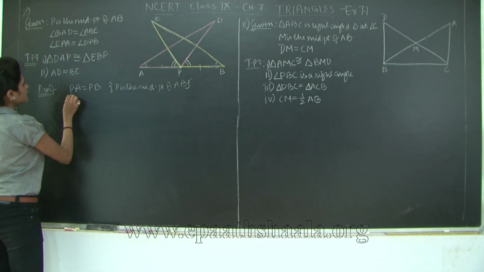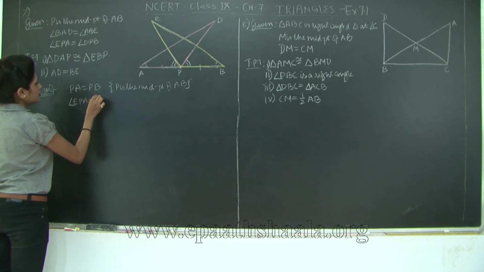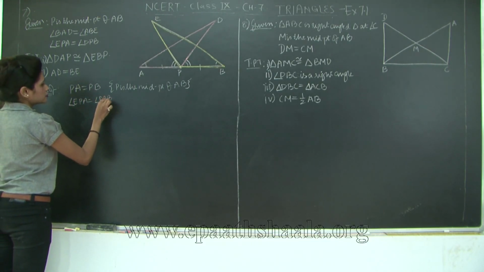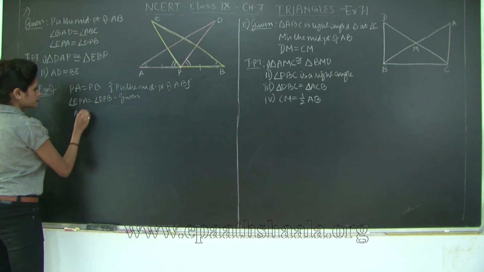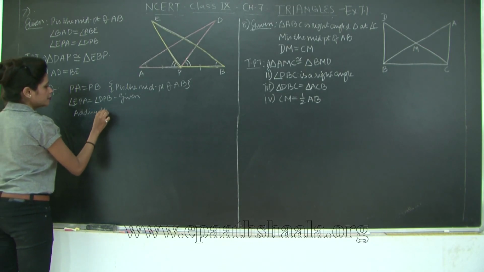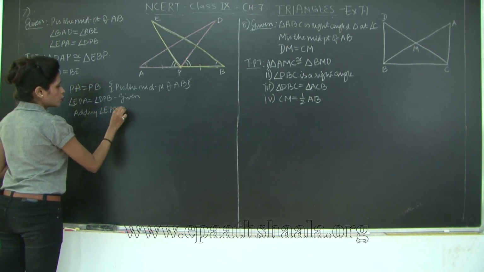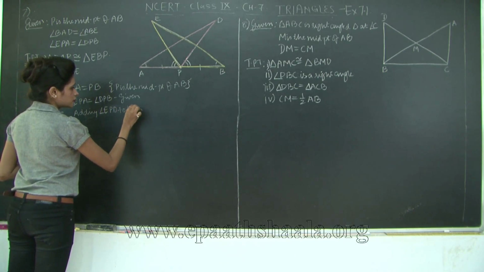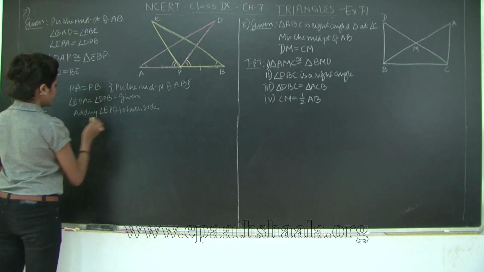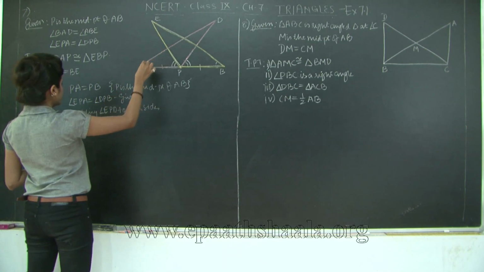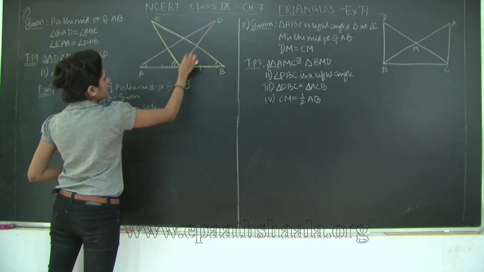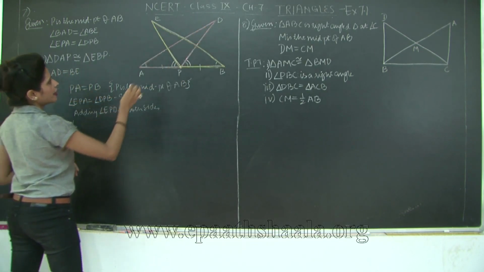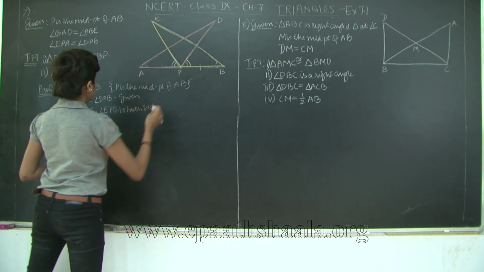This is given. So adding angle EPD to both sides, what do I get? Since I am adding EPD to EPA, what am I going to get? I am going to get APD.